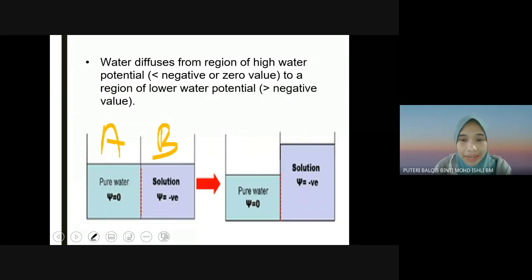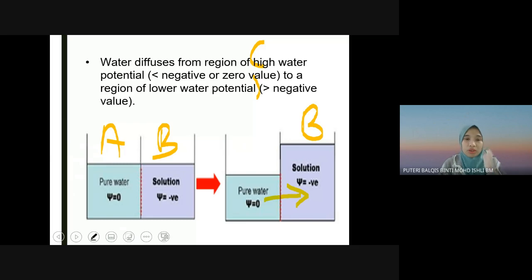After a few minutes, air daripada pure water ni, dia akan bergerak masuk ke dalam beaker B. Why? Because water will move from higher water potential to low water potential. Macam saya cakap tadi, water potential paling tinggi adalah 0.